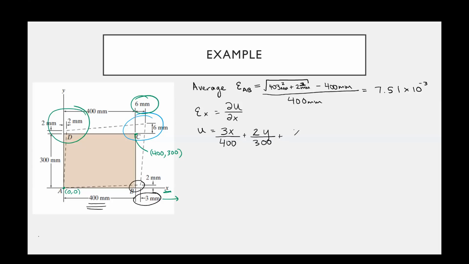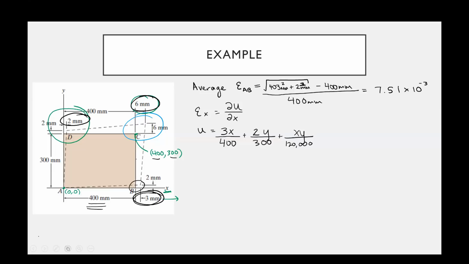So maybe we'll do it in the form of an XY term. So when X times Y equals 400 times 300, which happens to be 120,000, we want 1 more added to this equation. So 3 plus 2 plus 1. So therefore, we're going to leave the coefficient of xy as 1. Now you can plug in the coordinates for A, B, C, and D, and in each case, you'll get back the corresponding displacements at those points.